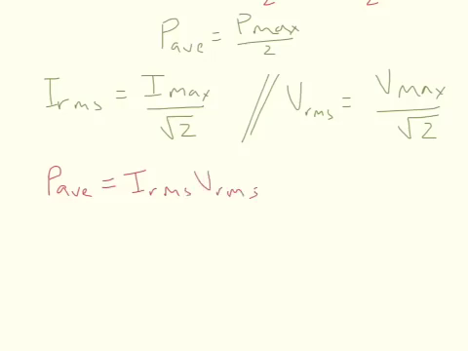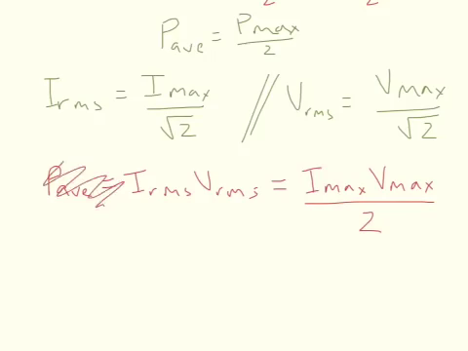Okay, because those are what we've defined as our DC equivalents, and they equal P max over 2, and P max is going to be I max times V max, and we're still divided by 2. If we get rid of that now, and we're just dealing with the IRMS, VRMS over I max over V max, we can do some substitutions which will cancel out some things nicely for us.